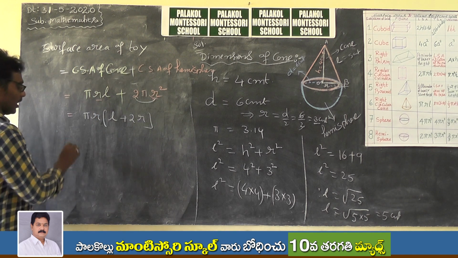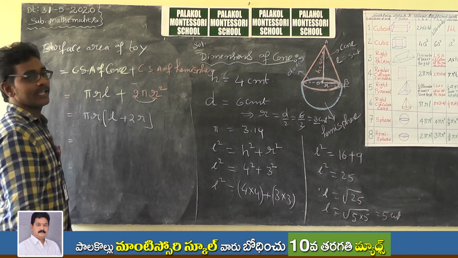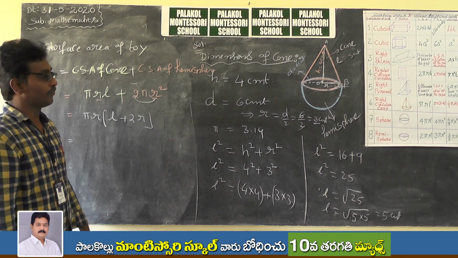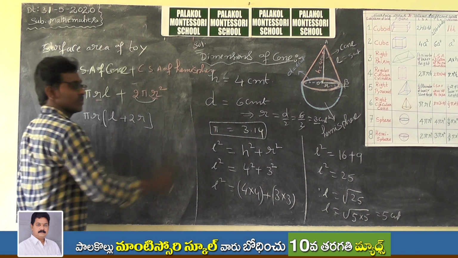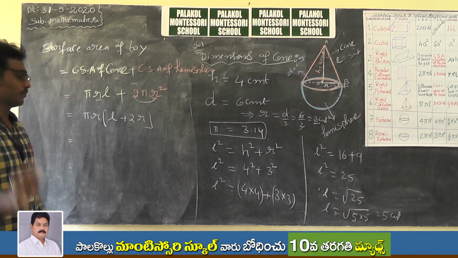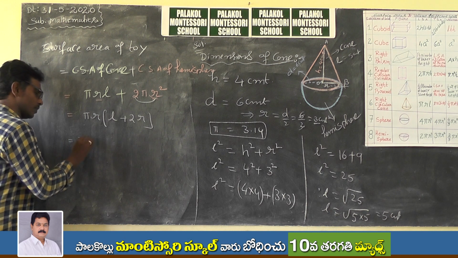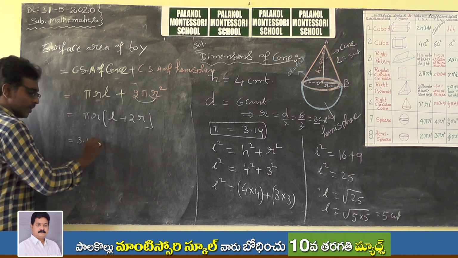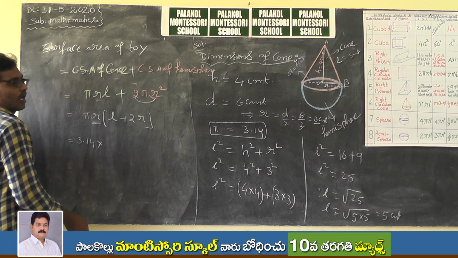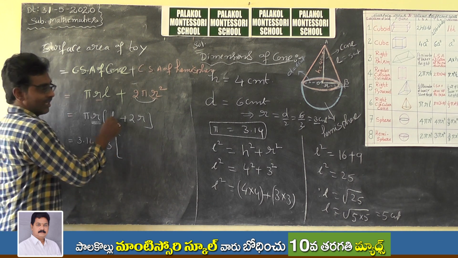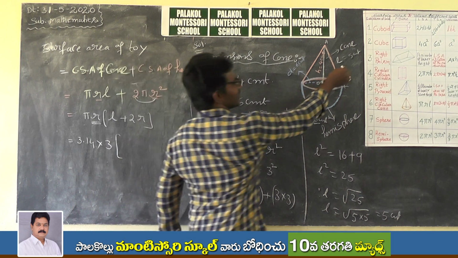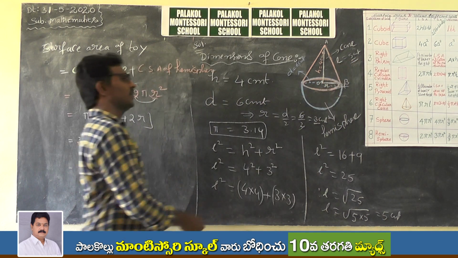Okay? So the pi value is already given, that is 3.14. So 3.14 into r, which is 3, into the bracket with the l value, which is 5, plus 2r, which is 2 into 3, that is 6. That's the value substitution.